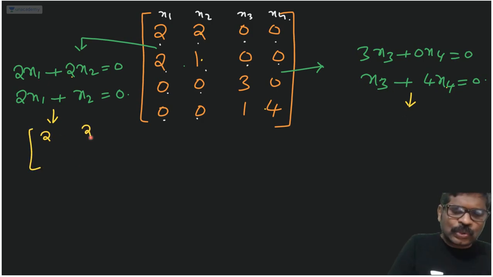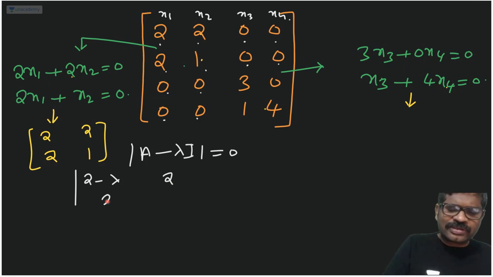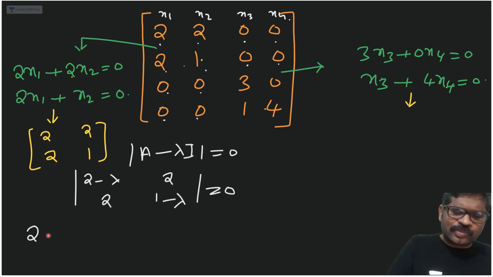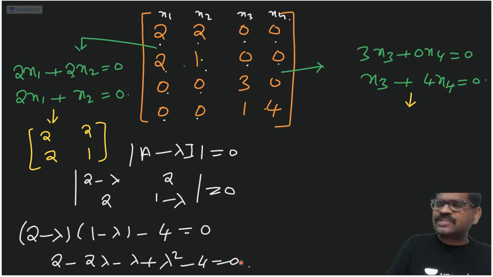2, 2, 2, 1, that is your matrix. Now, determinant of A minus lambda I equal to 0 gives the eigenvalues. (2 minus lambda)(1 minus lambda) minus 4 equal to 0. That is 2 minus 2 lambda minus lambda plus lambda square minus 4 equal to 0.